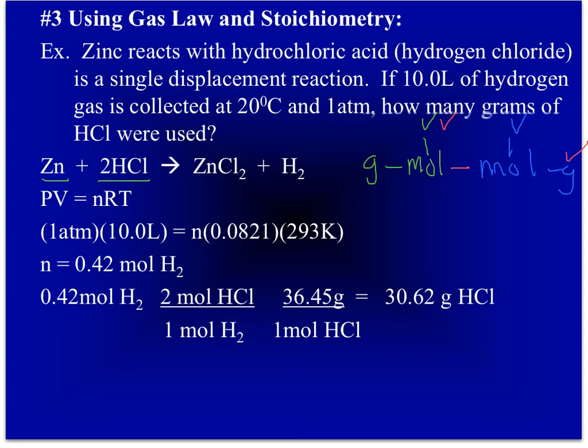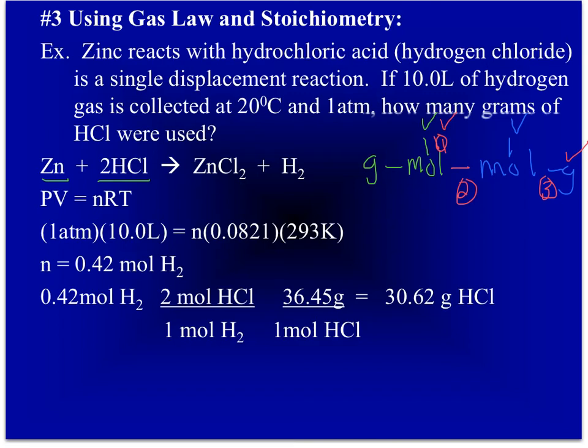Okay, so our first step is going to be using PV=nRT to find moles of hydrogen. And then we're going to go from moles of hydrogen to moles of HCl. And then finally our third step is going to be from moles of HCl and just convert it into grams.